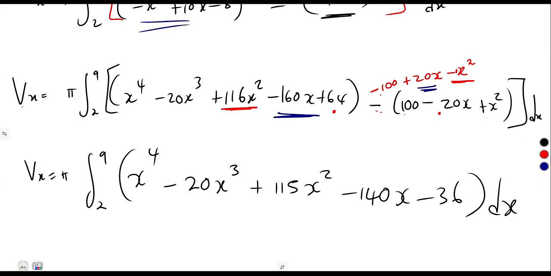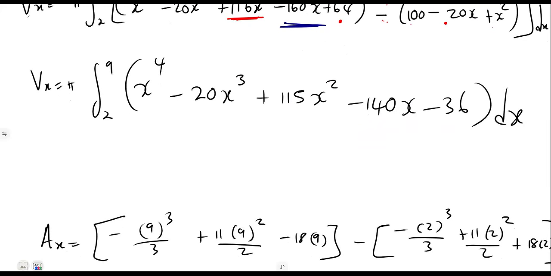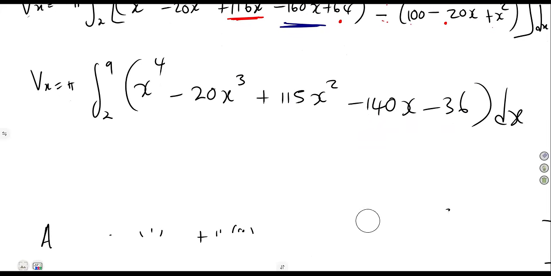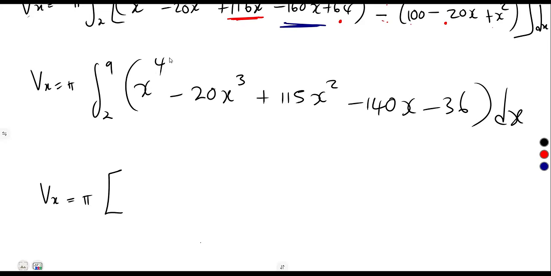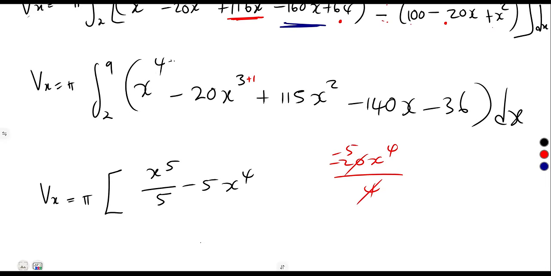So this is collecting your like terms, then integrate from this, then apply your limits just like what we had before. You're going to have your volume with respect to x. Add 1 to the exponent, that is going to be x to the 5 over 5. Here if we add 1, it is minus 20x to the power of 4 over 4, so that's minus 5x to the power of 4.